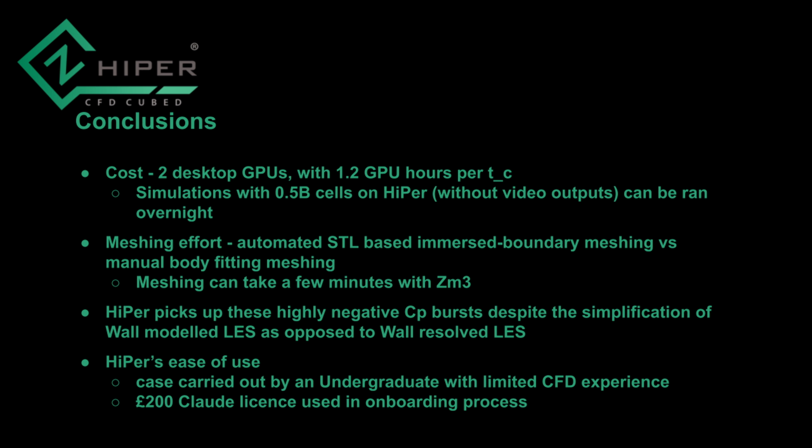This is done with meshes generated on ZM Cubed, which can take just a few minutes, because it is STL-based immersed boundary meshing versus the manual body fitting meshing. And despite the fact that HiPer is wall modelled LES as opposed to wall resolved LES, it's still picking up these highly negative microbursts.